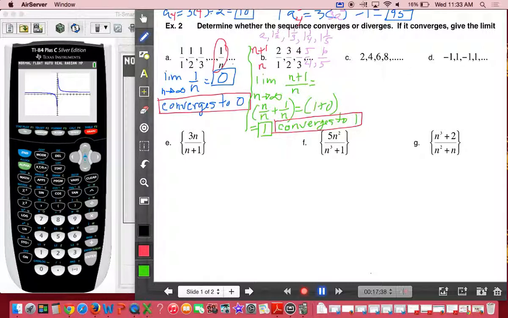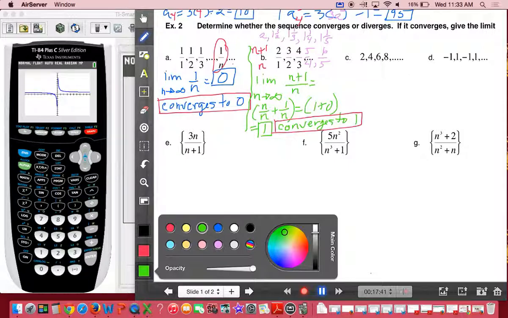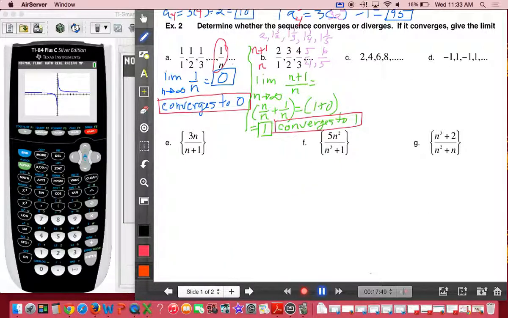So let's look at C. Again, they did not give us a function, and we're going to look at n up here.